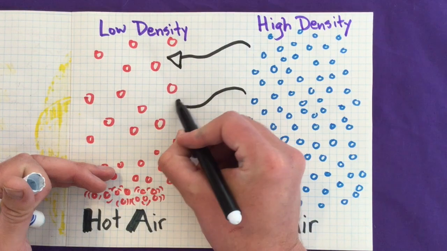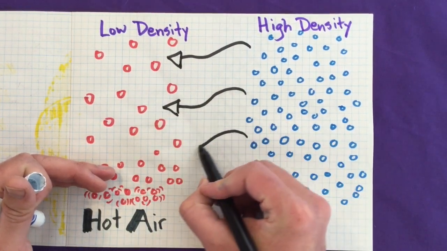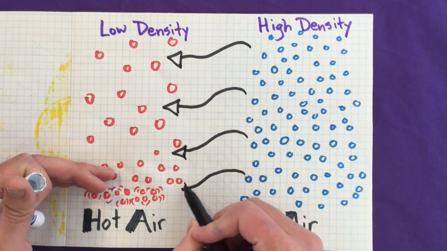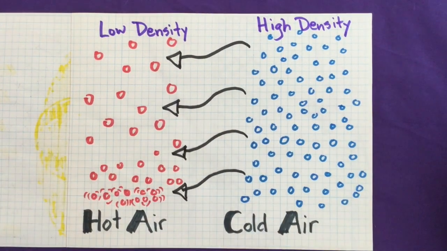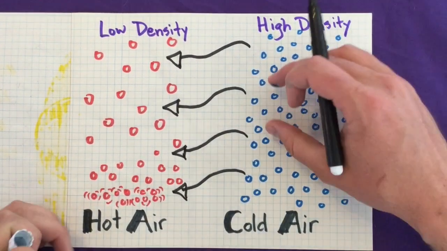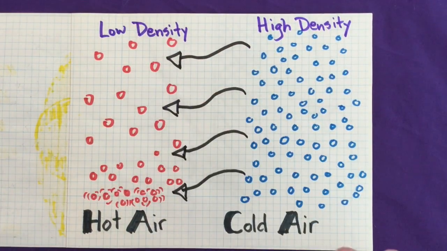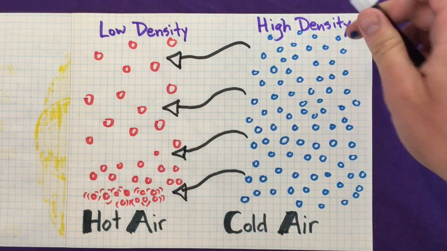It's going to want to move to fill in those gaps. So what ends up happening is air molecules start moving to fill in those gaps where the hot air has expanded.